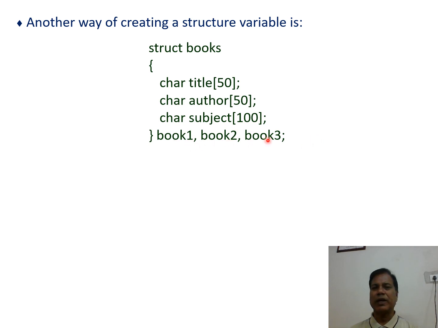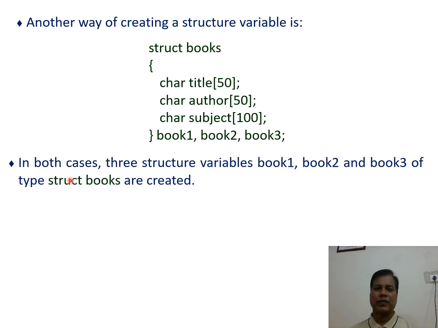Three structure variables are declared while declaring the structure itself. In both cases, three structure variables, book1, book2, and book3 of the type struct books are created.